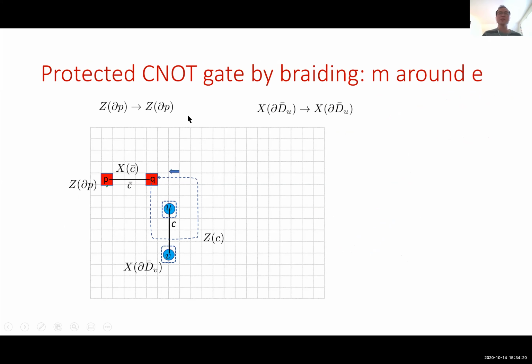in the following picture. So what I'm going to do is take one of the defects, this plaquette defect, and I move it around. So I move around this, do a braiding.